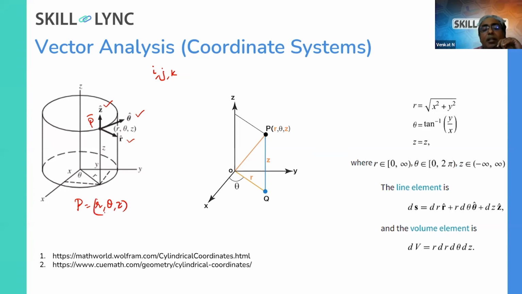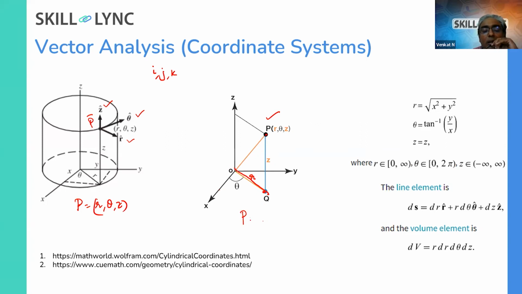The same P, if you bring it to the Cartesian coordinate system, that P coordinate will be: r is this vector, the radius, and then you take it vertically, it will go to point P, right?